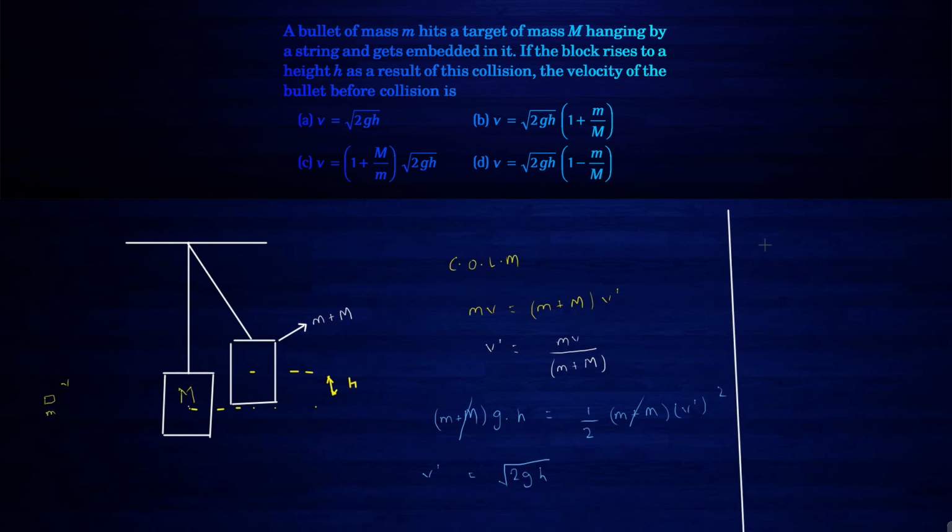But we have v dash as mv by m plus M, which is equal to root over 2gh. So we have v equals (m plus M) by m into root over 2gh. So this is the velocity of the bullet before hitting the block of mass M, so that the combined system goes to a height h after the collision.